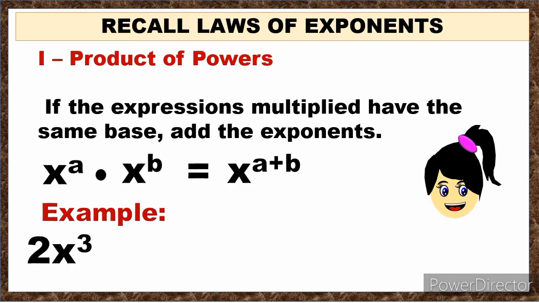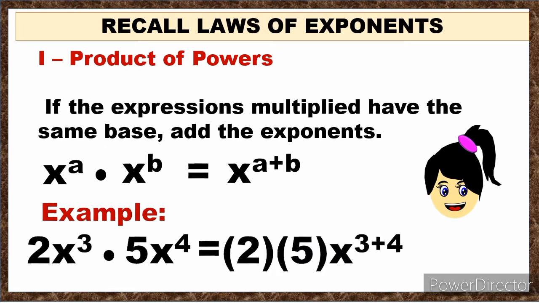Example, 2x raised to 3 times 5x raised to 4. In this example, we're going to multiply the numerical coefficients, which are 2 and 5. So now we have 2 times 5. And then we have the same variable x, so we're going to add their exponents.